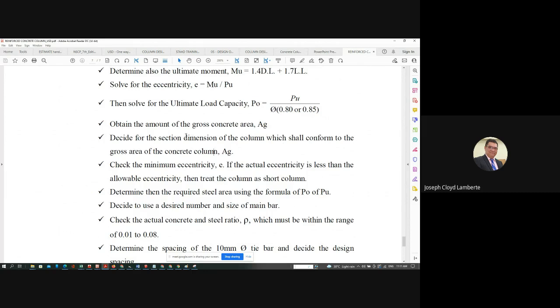So imong i-round up man imong dimension. Check the minimum eccentricity. So calculate nimo kung square or rectangular, 15 plus 0.03 of your H. If circular, it is 15 plus 0.025 of your H. If the actual eccentricity is less than the allowable eccentricity, meaning wala na siya kaabot sa maximum, treat the column as short column.